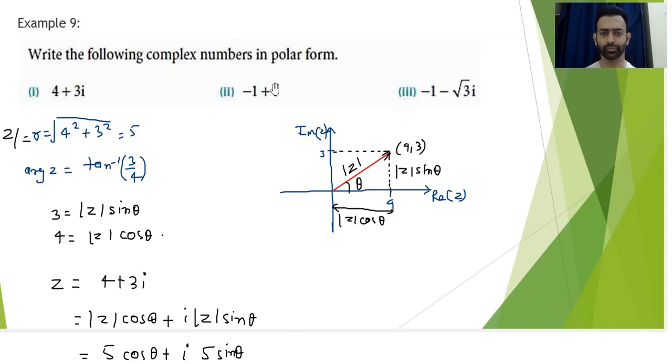Now let us take another topic, which is the set of points of a complex number in a complex plane. If I write mod z equal to, let us say, 2, the meaning is that, since the modulus of any complex number is basically the distance, the magnitude of the complex number is always equal to 2.